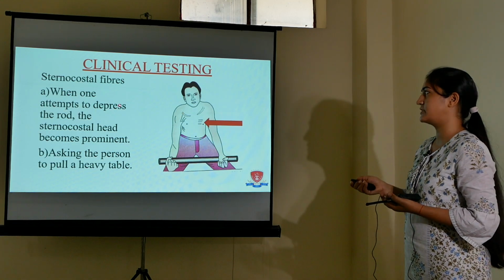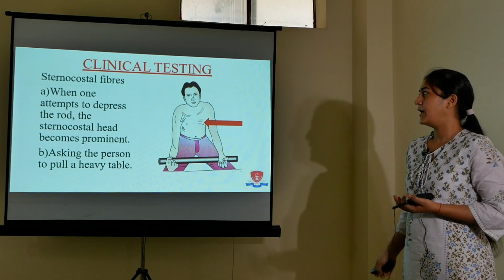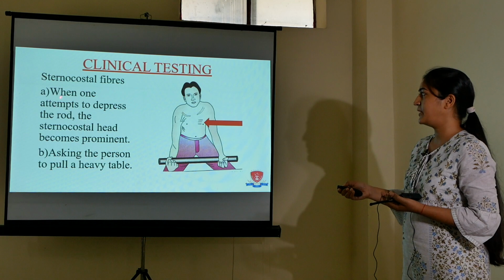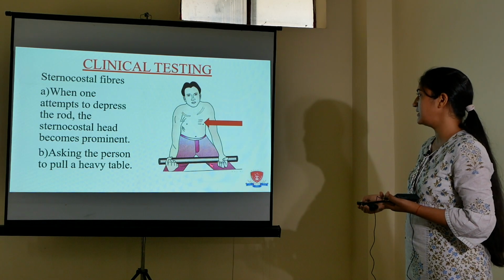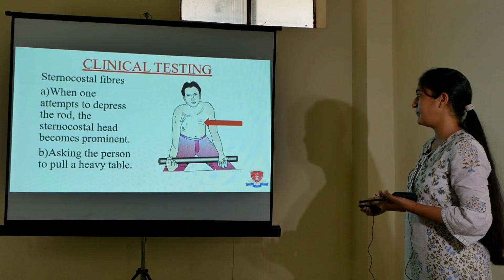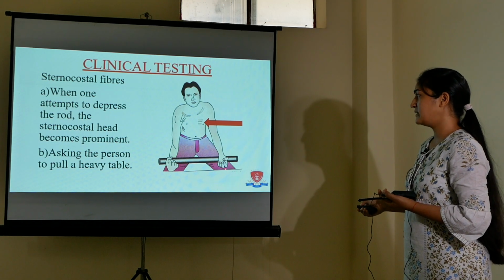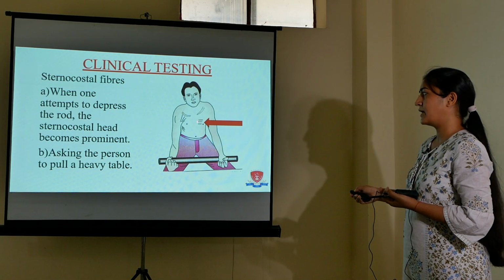Then the sternocostal fibers help in the extension of the arm against resistance. So I will tell the patient to depress the rod. In this picture, one is the clavicular fiber test and the other is the sternocostal fiber test. I am telling the patient to press against the load, and then these sternocostal fibers become prominent.